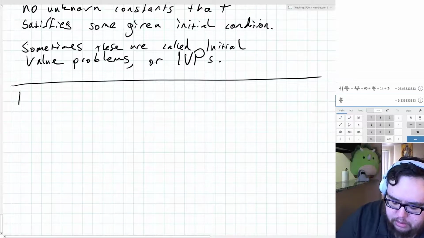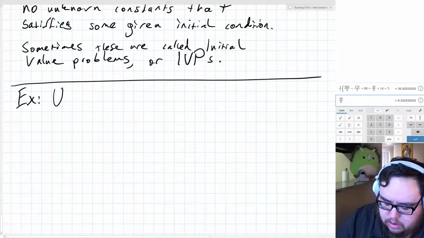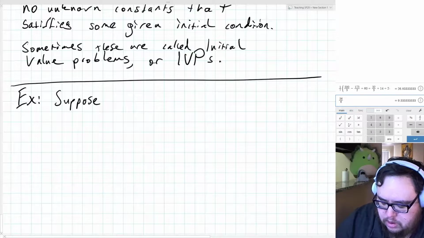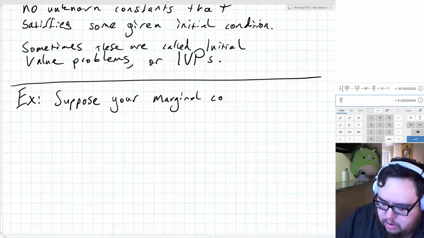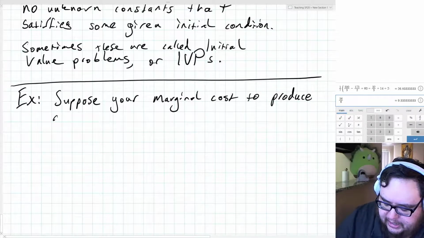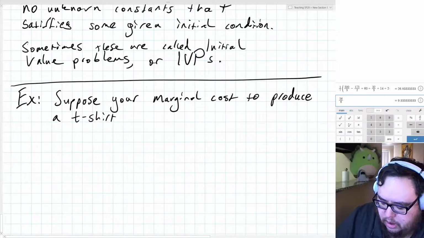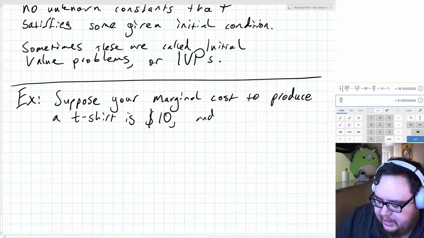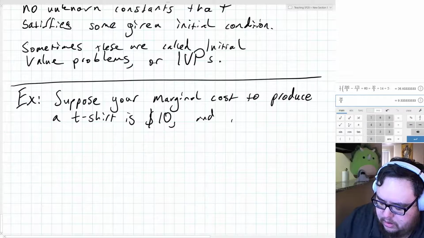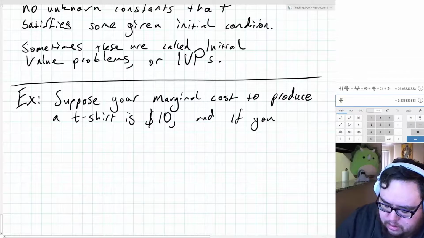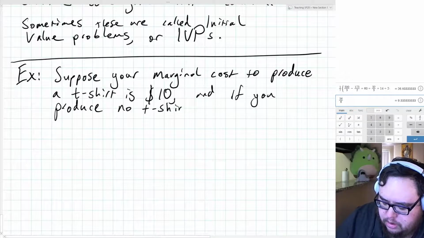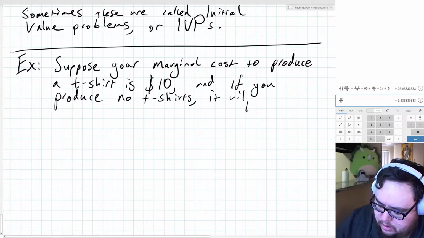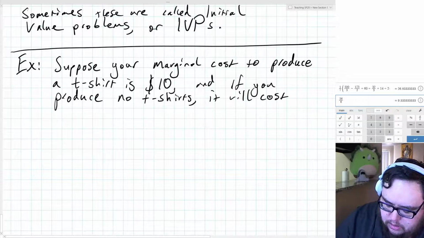So, for example, suppose your marginal cost to produce a t-shirt is $10, and if you produce no t-shirts, it will still cost $100.